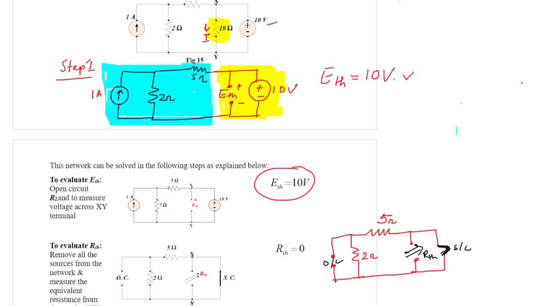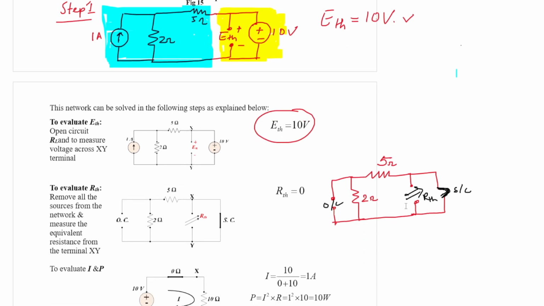Now with respect to this RTH terminal, if you see this network, there are 2 paths, no doubt. One is this short circuit path. So this path is effectively short circuit, right?